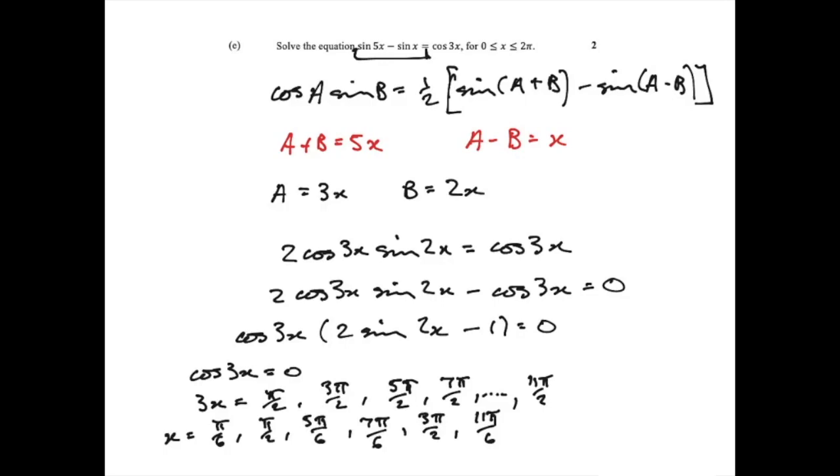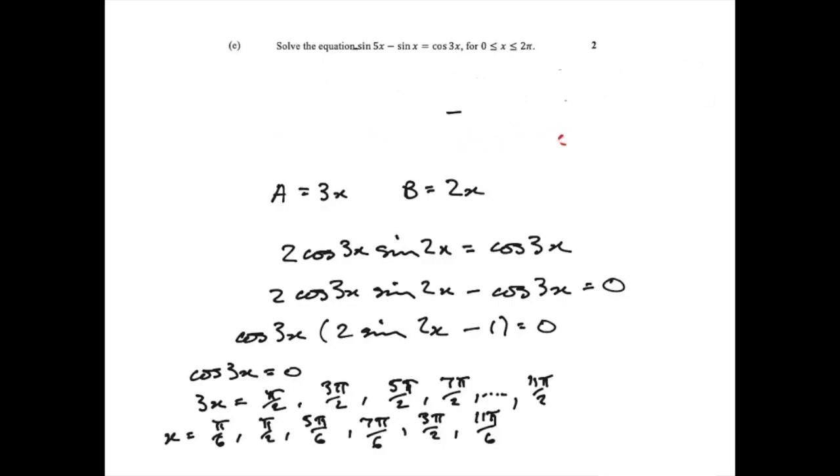Now I've kind of run out of room, so I'm just going to make some space up the top here. Okay, so we also have the null factor law here, so 2 sine 2x minus 1 could be 0. So sine 2x equals a half. So when is sine 1/2? Well, it's pi on 6, first quadrant, and positive in the second quadrant.